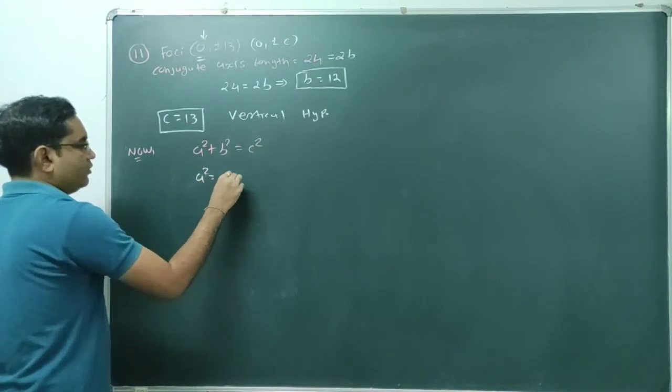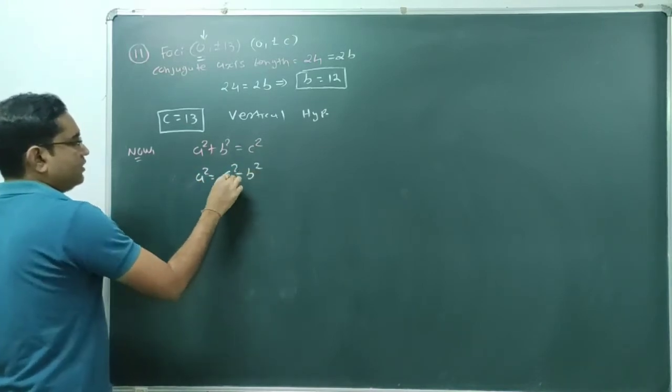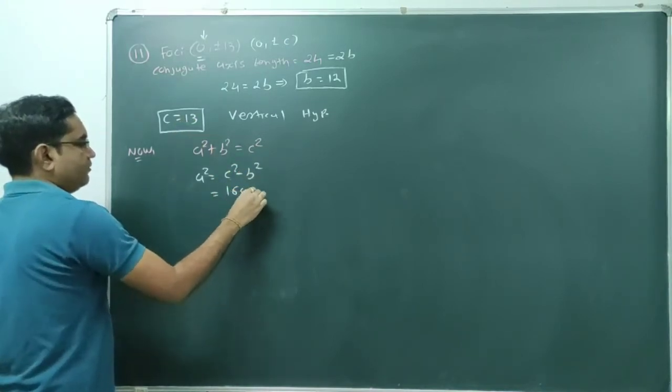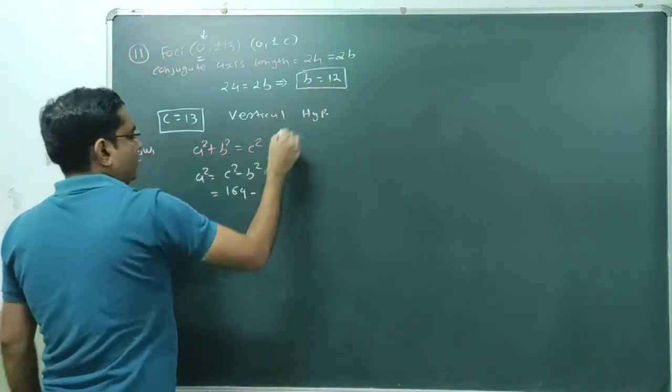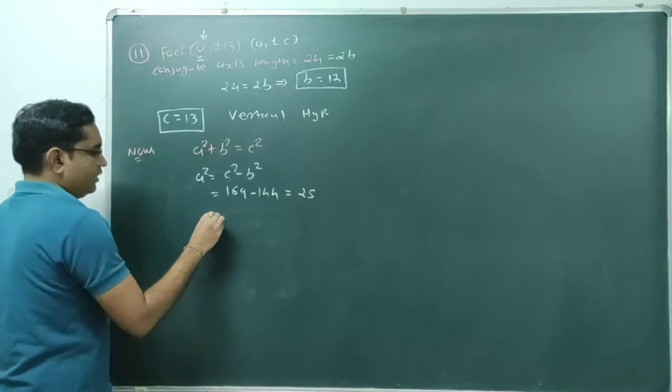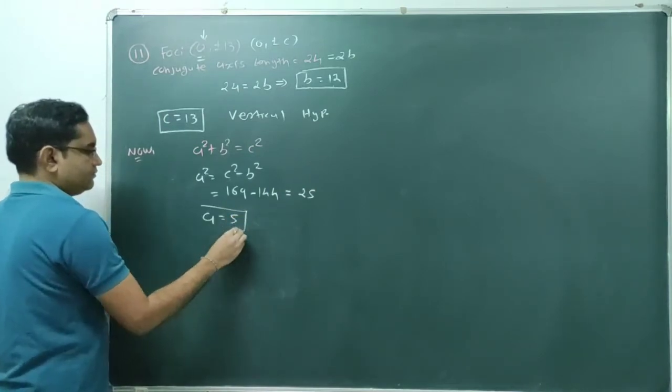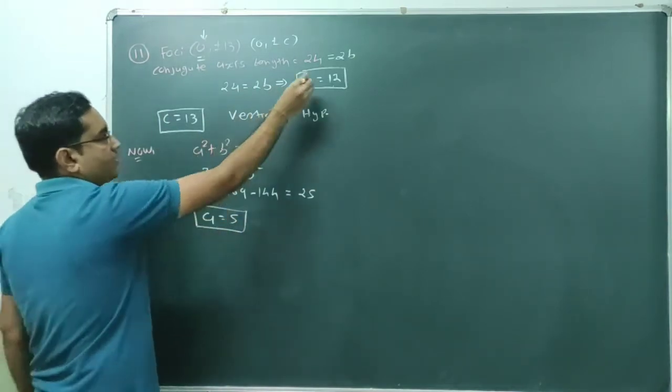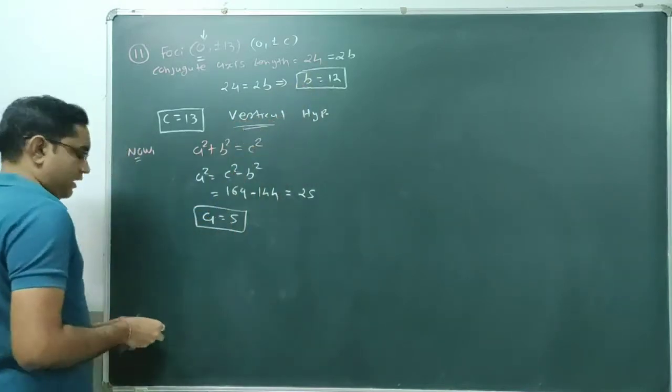So a square equals c square minus b square, which is 169 minus 144, equal to 25. So a square is 25, so a is 5. Now a and b are known, so we can write the equation of the vertical hyperbola.